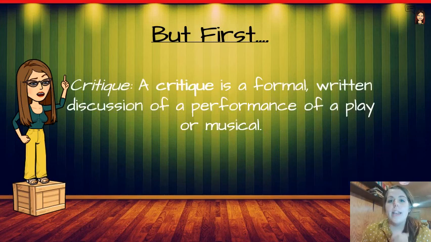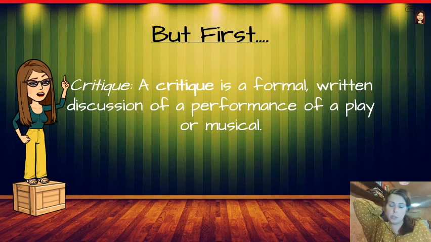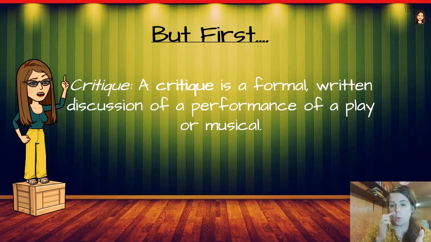All right, next we're going to go over the word from last presentation, which was critique, since you did a peer evaluation either on Flipgrid for my virtual students or on the evaluation sheet that Miss White gave you in class. So the definition that we have for critique, hopefully yours that you came up with on your exit ticket is similar. The definition for critique is a formal written discussion of a performance of a play or musical.